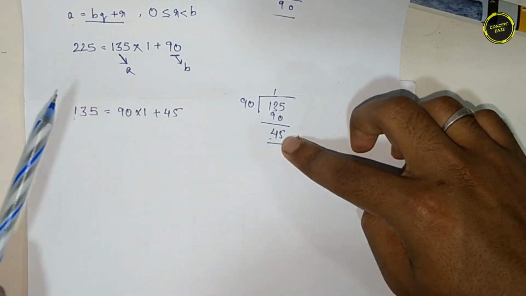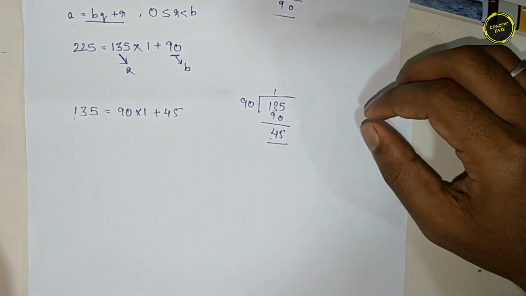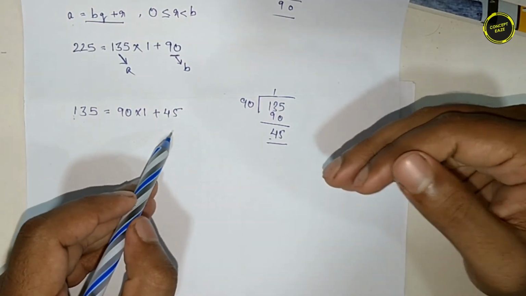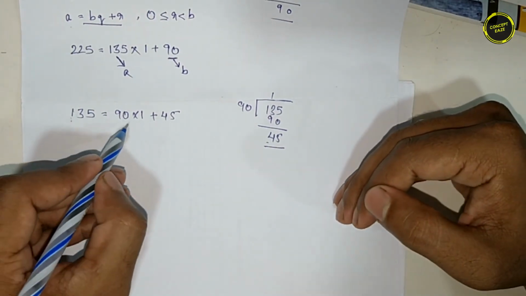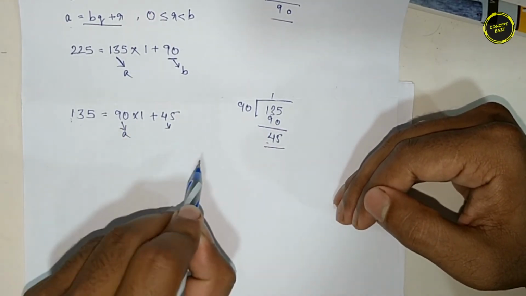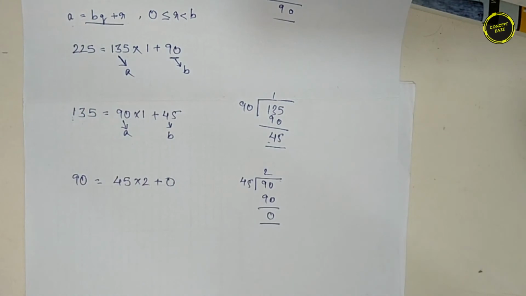Even in this step we are not left with the remainder 0, so we proceed further with 90 as new a and 45 as new b.